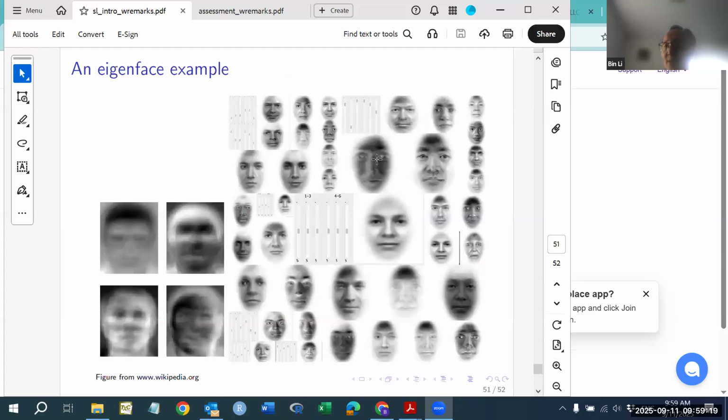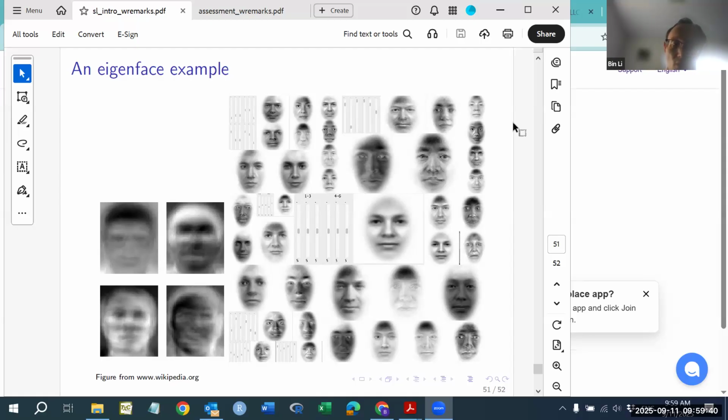Okay, so the last one is related to image analysis. This example is called eigenface. We will talk about what eigen means when we reach principal component analysis, PCA, where we will talk about eigenvectors, eigenvalues, these things.